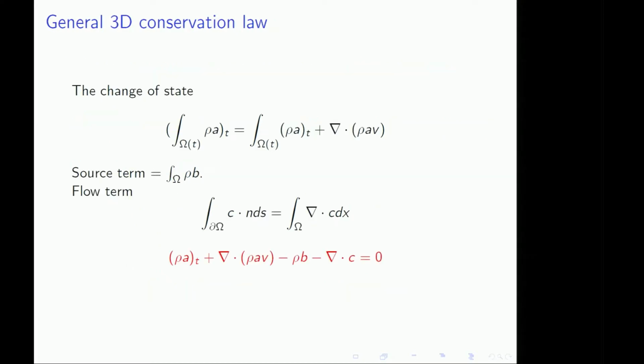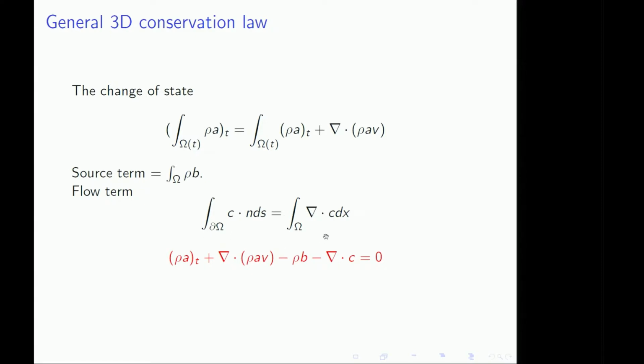We will return to this once again in 3 dimensions, or in higher dimensions in general. So then the change of state has the same structure. It has the pointwise term and something related to the movement of the system, velocity and density and so on. Source term is pointwise. It's still easy. And the flow term is now written a bit differently because the boundary is now more complex than just 2 points.